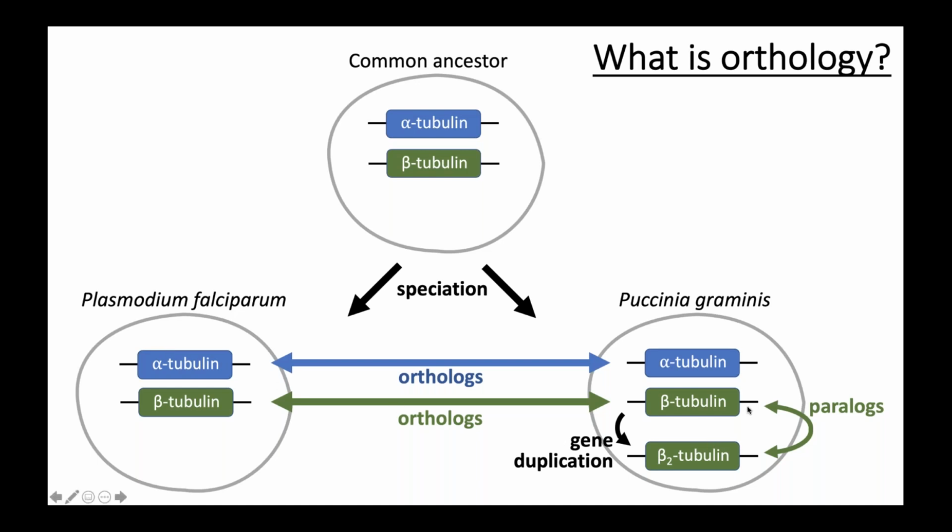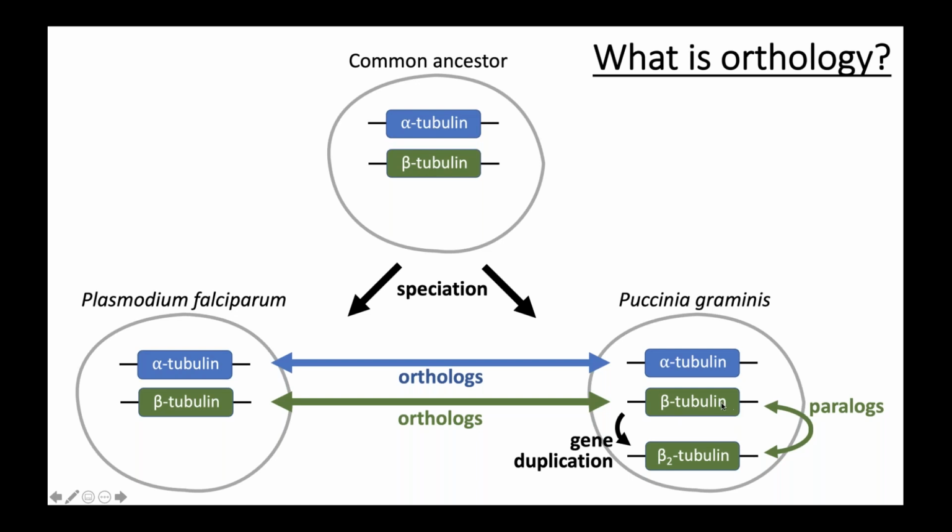And just continuing on that, beta tubulin, this may be version 1 in Puccinia, is very similar to beta 2 tubulin in Puccinia. It's very, very similar, more similar than the relationship between beta tubulin in Puccinia and in the other species, Plasmodium.